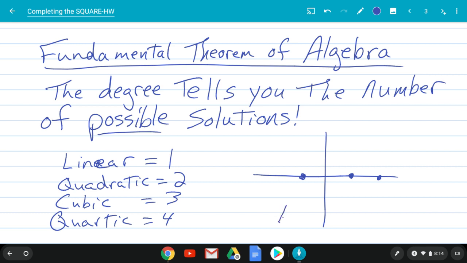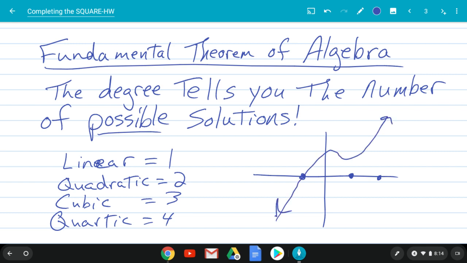Let's go to a cubic. I could have a cubic equation that could look like this. That's what a cubic equation looks like, by the way, graphed. How many solutions does it have? Three. It crosses 3 times. But I could also have a cubic solution that could look like this.